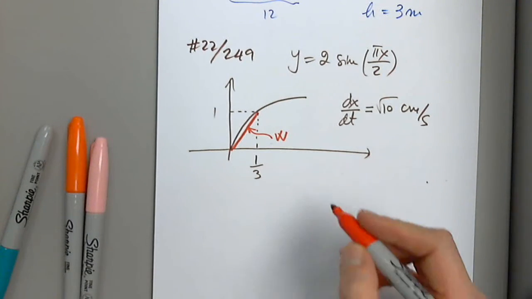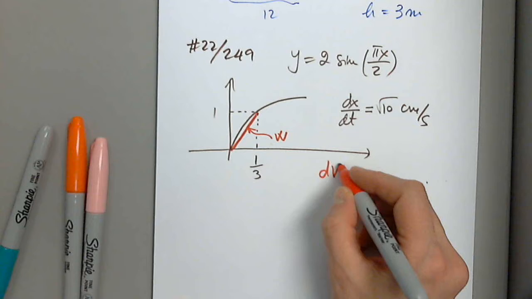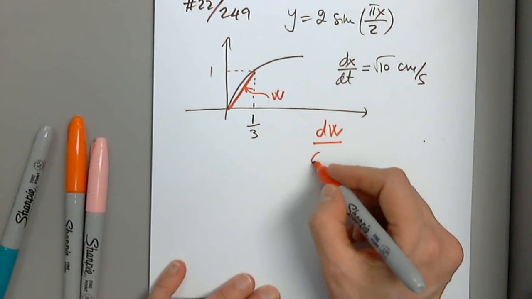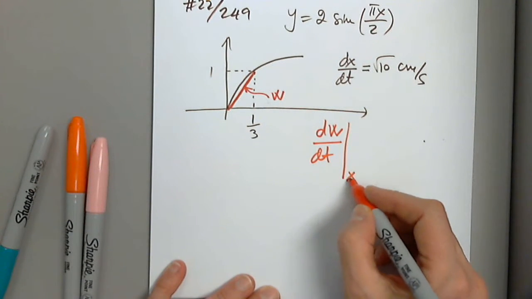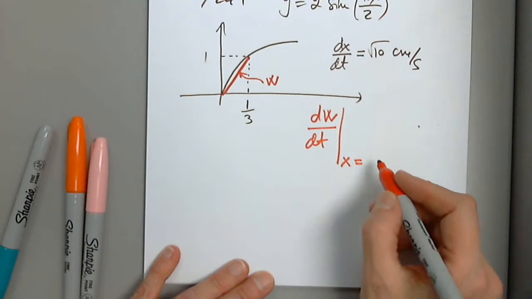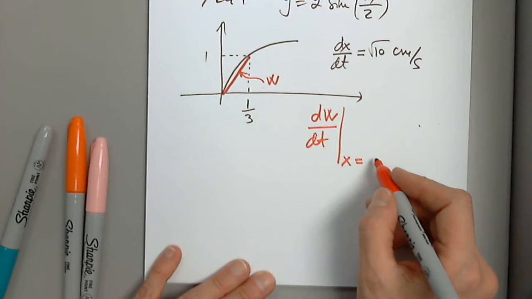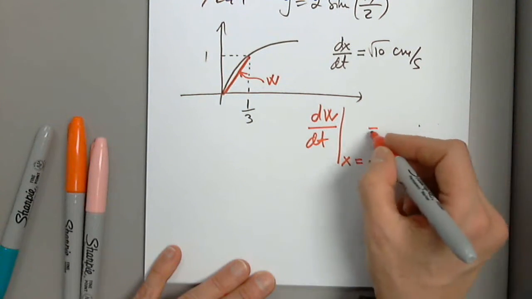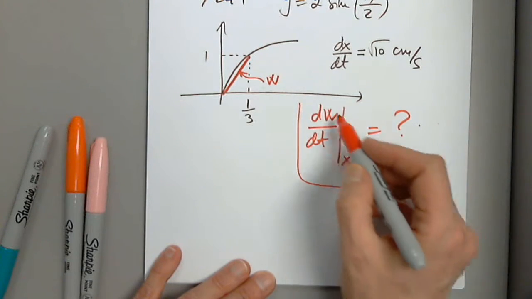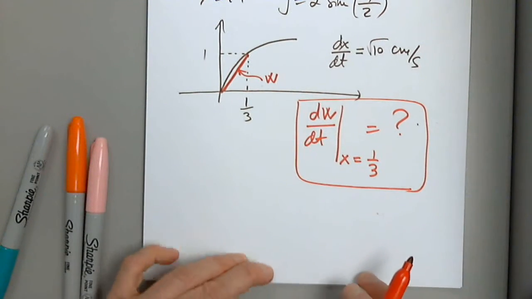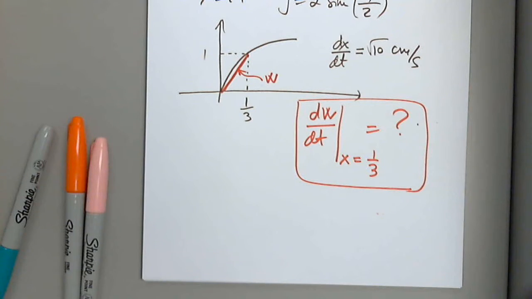So we are asked to find dw over dt when x is 1/3. This is the question. We're asked to find the rate of change of the distance with respect to time when x is 1/3.